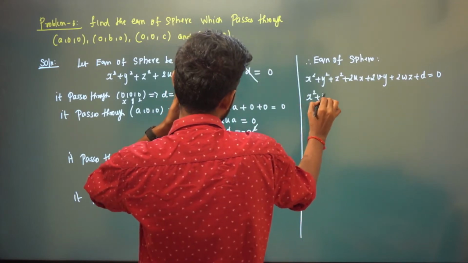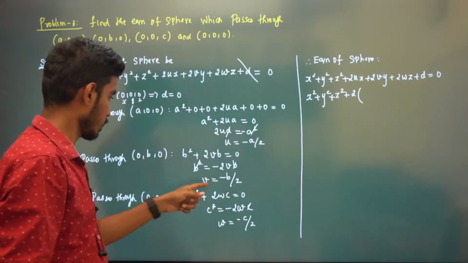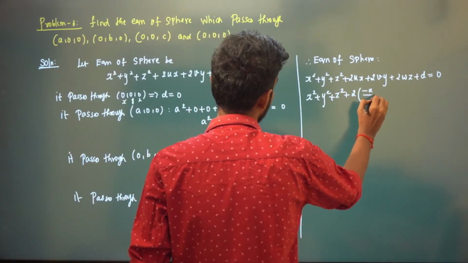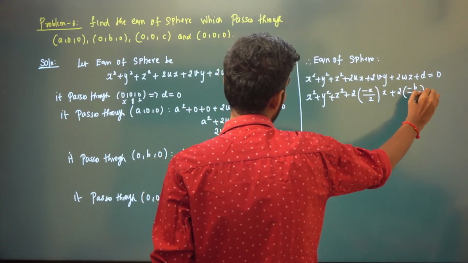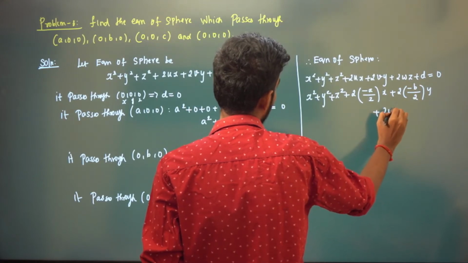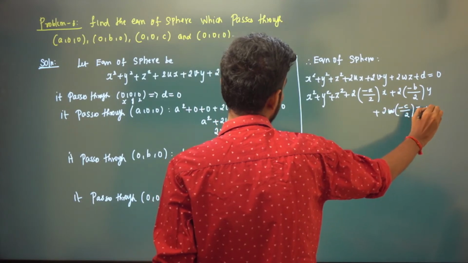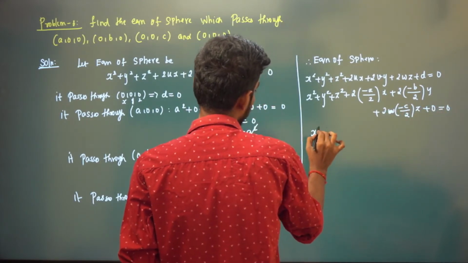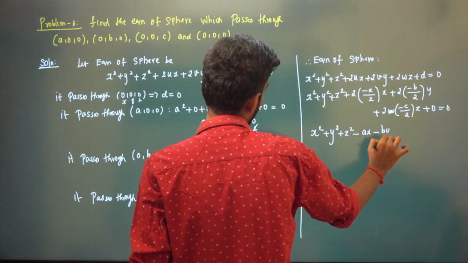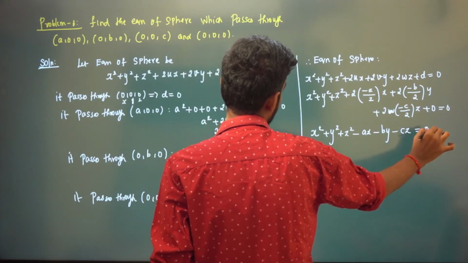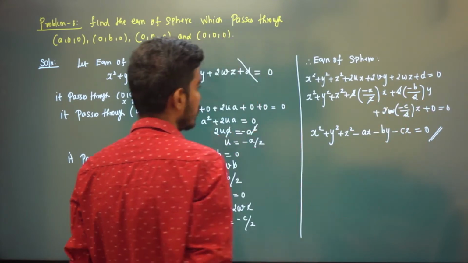So we have x square plus y square plus z square. 2u is minus a by 2, so minus a by 2 x. 2v is minus b by 2 into y, plus 2wz, so w is minus c by 2 into z, d is 0. So therefore, x square plus y square plus z square minus ax minus by minus cz is equal to 0. This is the equation of sphere that passes through these points.